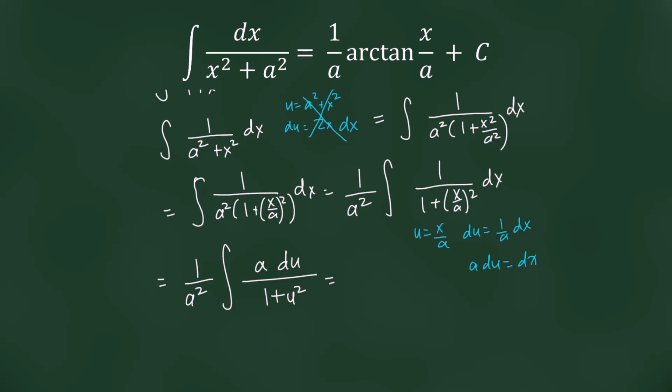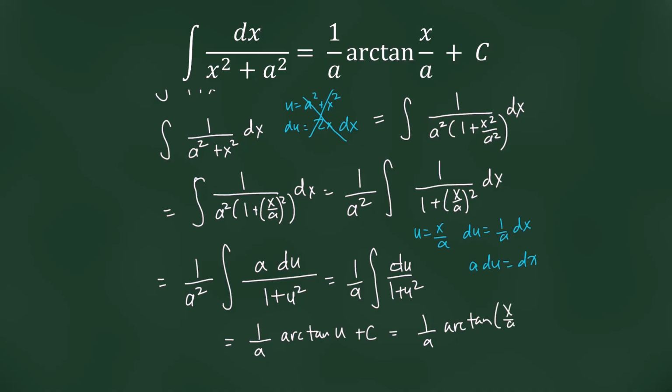Now we have the antiderivative of du over 1 plus u squared, which, given what we started with, we know is the arctangent of u plus a constant, which gives us 1 over a times the arctangent of x over a plus our constant c.